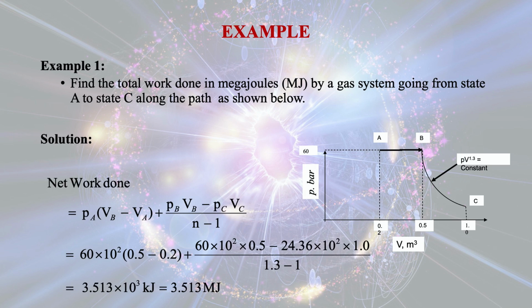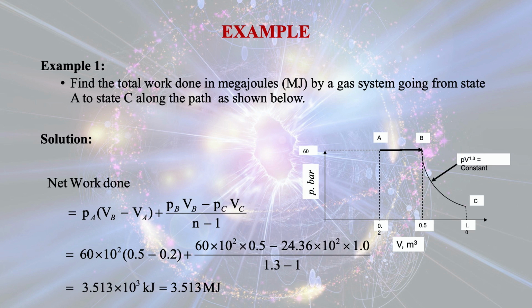Now for net work done, initially it is a constant pressure process. The expression is PB within bracket VB minus VA, plus the isothermal process expression, which is also known. But from B to C, it is a polytropic process. So for the polytropic process, the work done is given as PB VB minus PC VC whole divided by n minus 1.